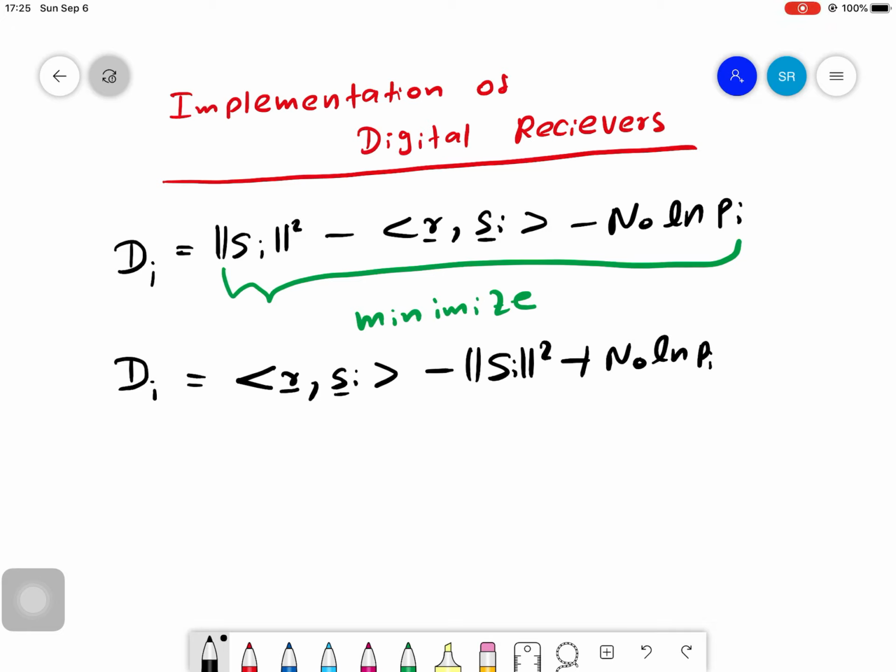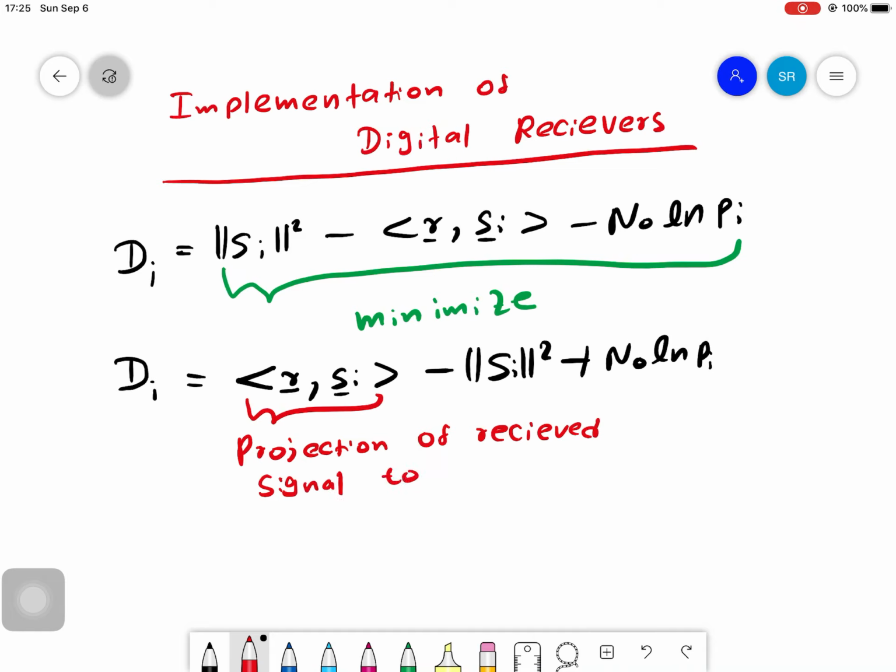In that case, we can see that, as I lastly mentioned, this is the projection of the received signal onto our constellation point, or onto our signal s_i.